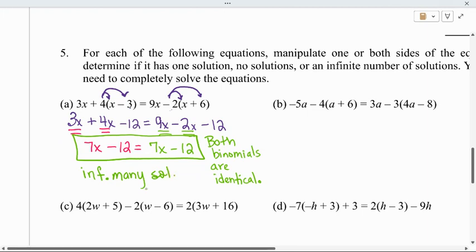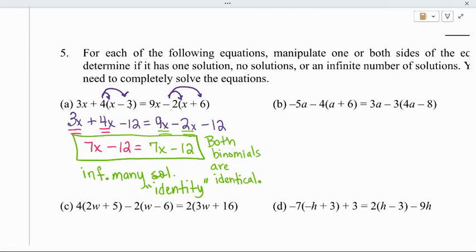It's called an identity because they're identical. And the reason that word identity is important is because you're going to see that again when we start systems. And I want you to remember, if it's the identity, it just means that they're identical. Identity is identical.